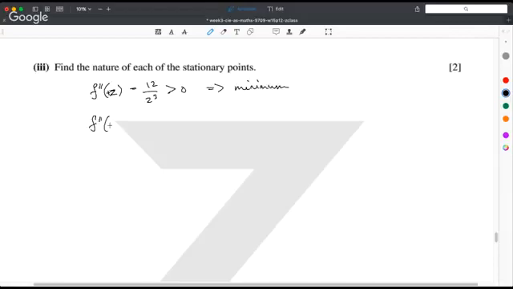And f prime prime of minus 2, well, that's 12 on minus 2 cubed. Because it's a cubic thing, the minus sign will come back. There's going to be minus 12 on 2 cubed, which is less than 0. So this is therefore a maximum.